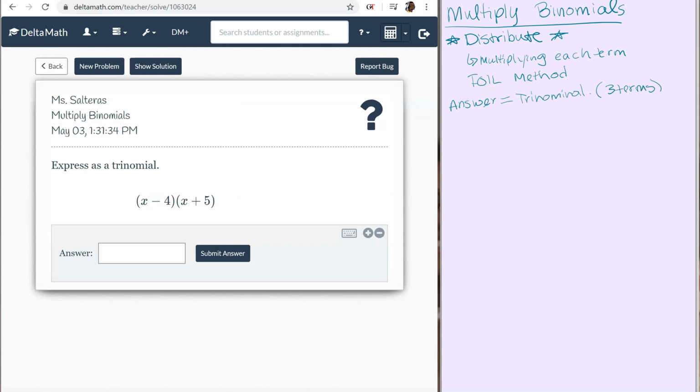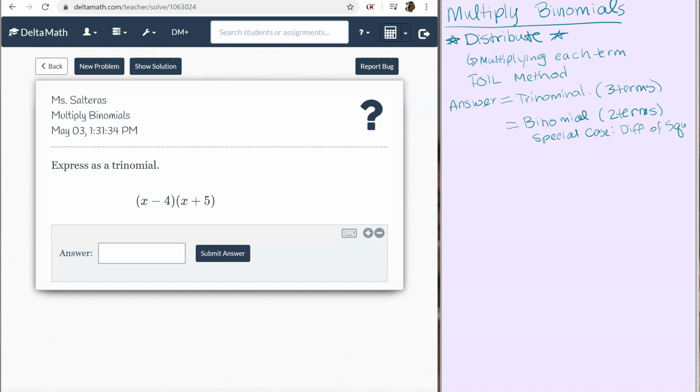Now, there are special cases when your answer is going to be a binomial, so 2 terms. The only time that your answer is going to be a binomial is when you have a special case, and that special case is called a difference of squares. I can't write all of it in there because it won't fit, but essentially it's going to be the same binomial but with different signs.